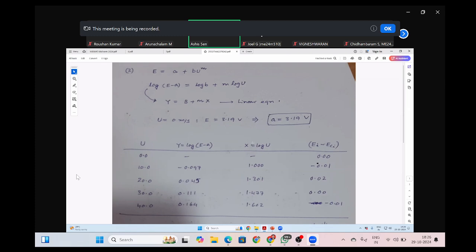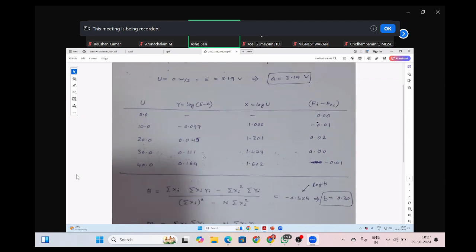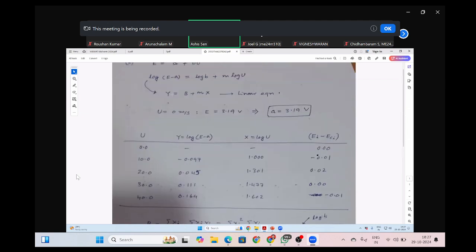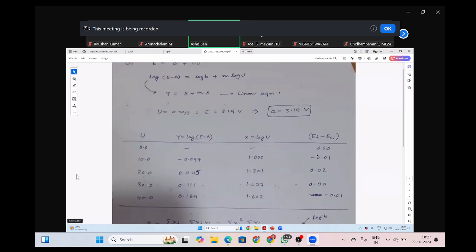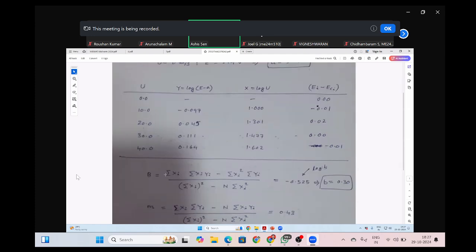So once you have X and Y, you can use this formula. See, Y equal to B plus MX. So this constant B is like, whatever we learned in theory, the A0. We said that Y equal to A0 plus A1X. So this A0 is given by this expression.